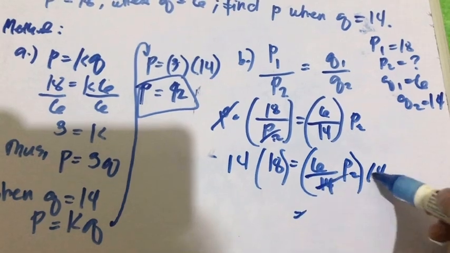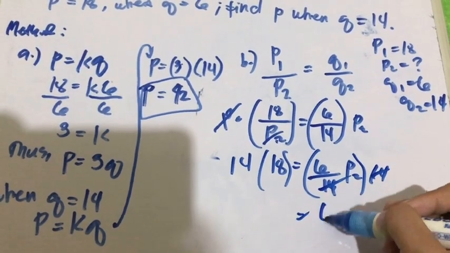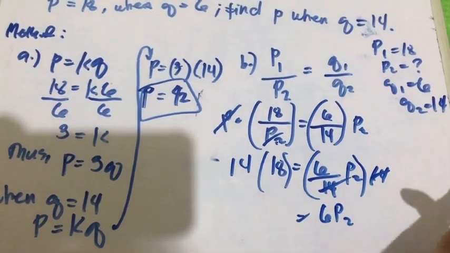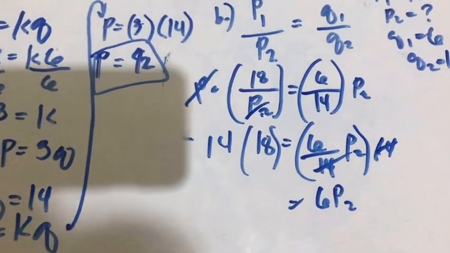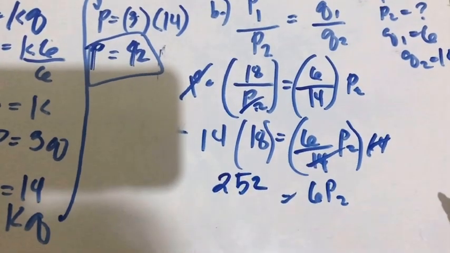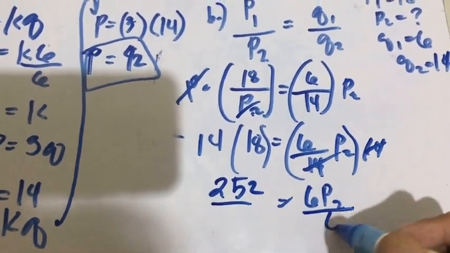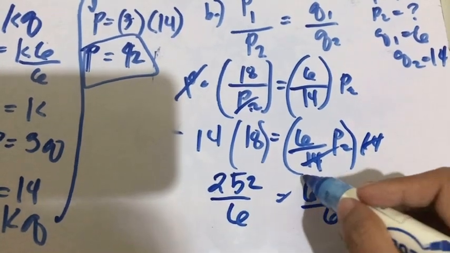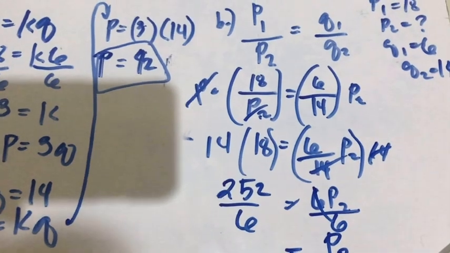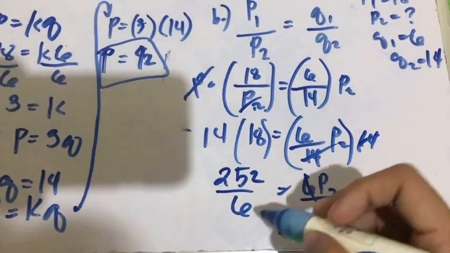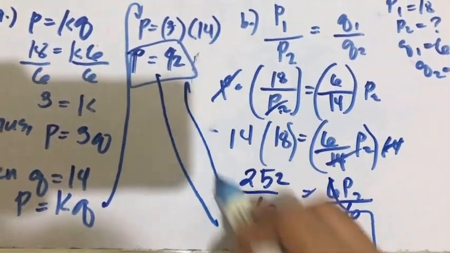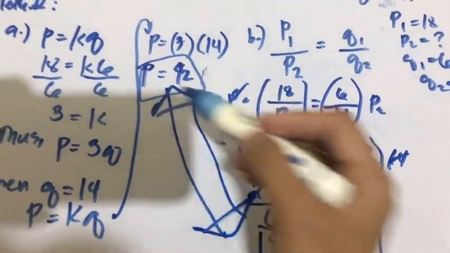So we have here 6 times P sub 2 and then 14 times 18. Now, 14 times 18, we get 252. We divide both sides by 6. Here, we get our value for P sub 2, which is 42. Now you see, still the same answer.